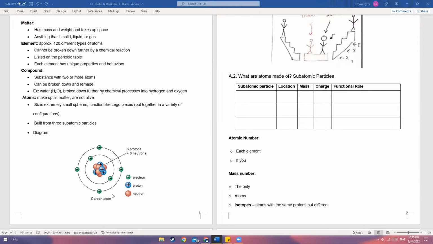Essentially, we can think of this dense core surrounded by layers, almost like a jawbreaker candy, where layers of sugar build up on the outside. That's similar to what the structure of an atom is like.